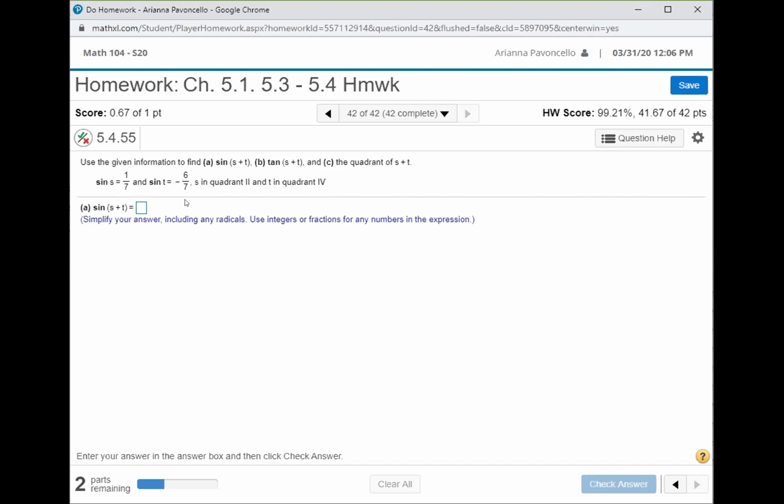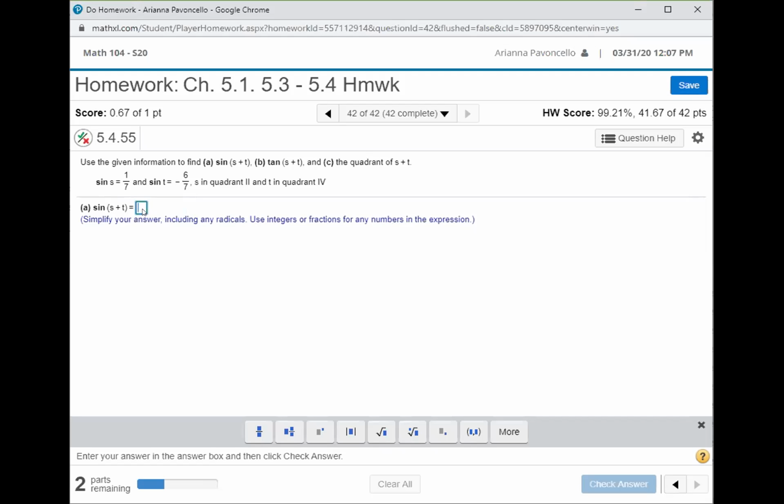It's just this particular one. Okay, both parts? I think it's when we get to tangent that I can't get it. I get the quadrant and sine, but not tangent. Yeah, things get crazy once you get to tangent in this problem, because it's like the square root of 6 minus the square root of 5. Okay, all right, I'll do it.